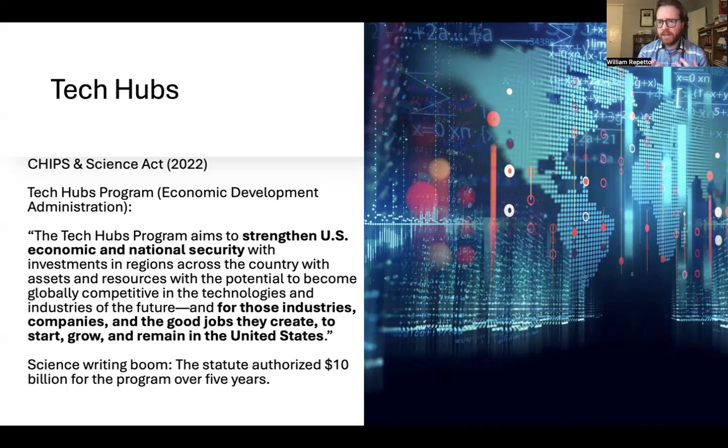We're going to hope they move society forward. We're going to hope they move science forward, everything forward, by just giving grants, giving money that has to be applied for to these areas. And so here's just from the Economic Development Administration's website. They say the Tech Hubs program aims to strengthen U.S.